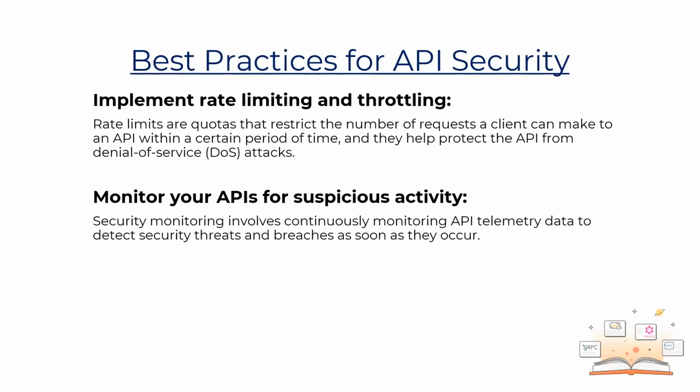So we also have implement rate limiting and throttling, which has the end goal of preventing denial of service, right? Rate limits are code that restrict the number of requests a client can make on an API.